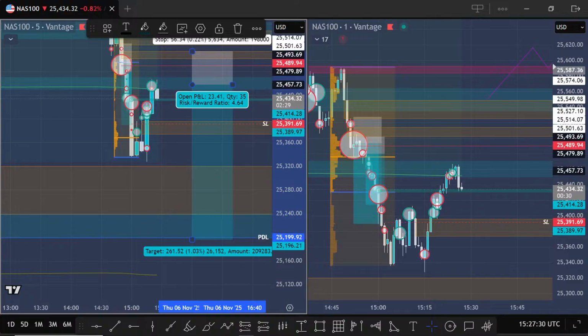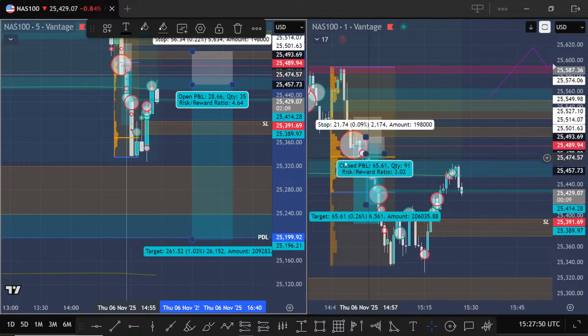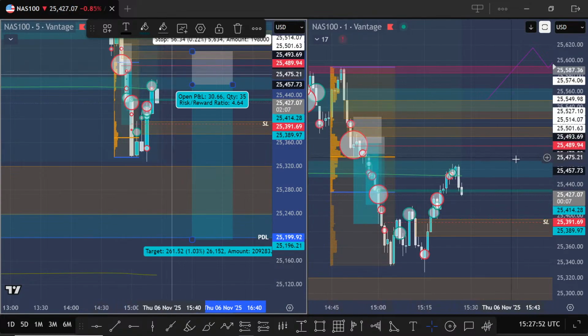How am I concentrating today? There's a lot to watch. So I'm looking for a sell from the 5-minute time frame, because we've got our break, we've got our retest, now we've got the sellers trying to defend this level.